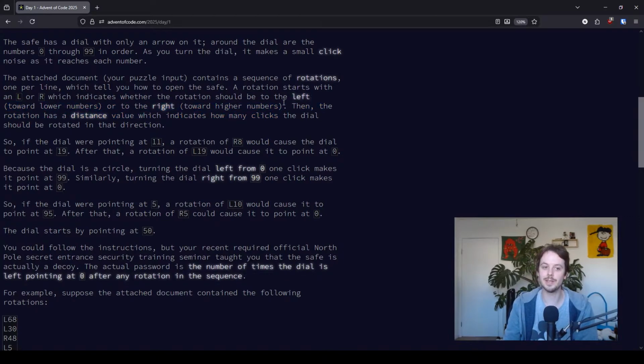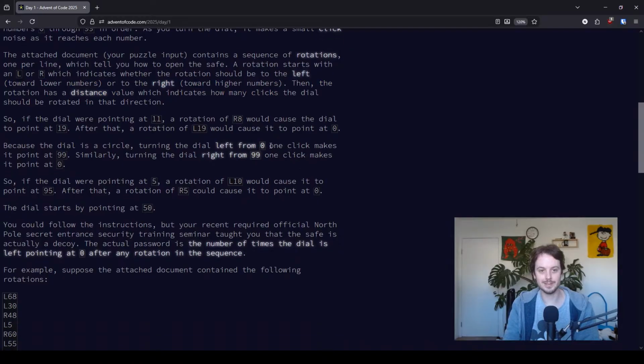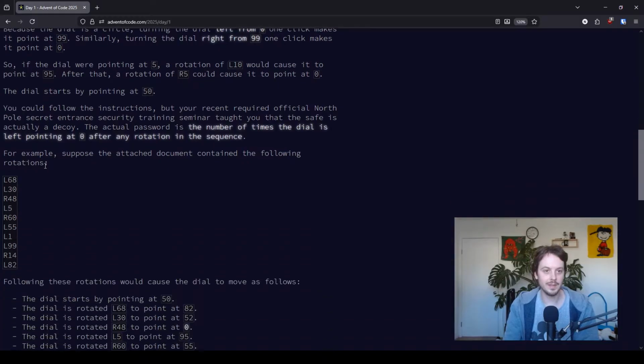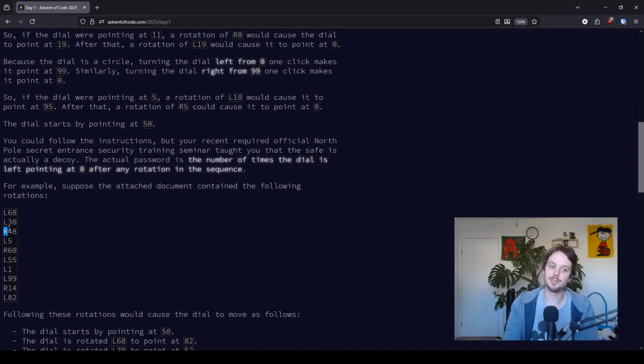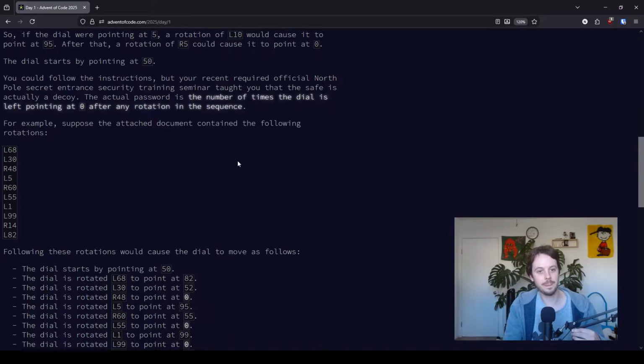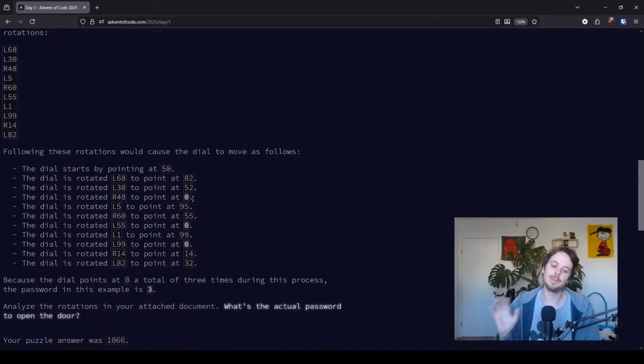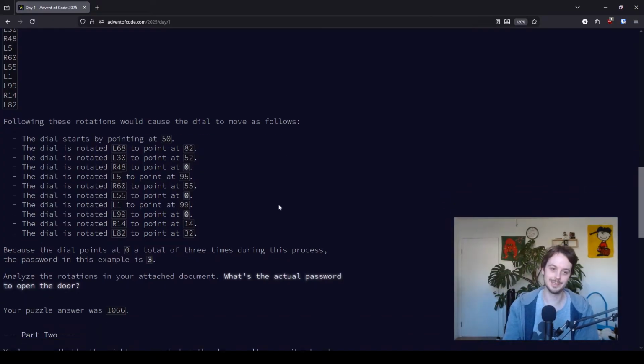So just make sure you read that carefully, right? So going left from 0 goes all the way around to 99, and going right from 0 goes back to 0. So basically left is negative, right is positive, is what they're saying. So I should have just read that instead of trying to figure it out by picturing in my mind which way is clockwise and counterclockwise.